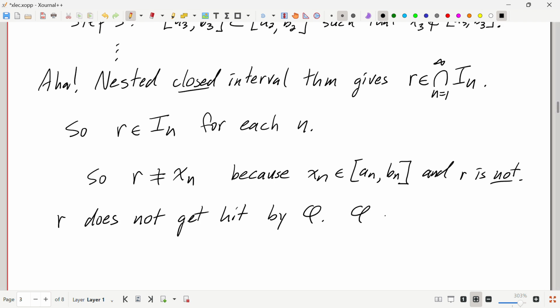That means phi is not onto. And so the one-to-one onto correspondence just can't be done. So it's fiendishly clever, that diagonal argument. And it comes up in lots of places. Questions about that?